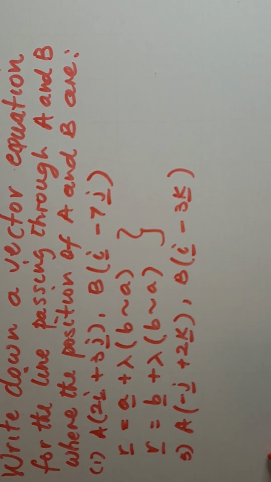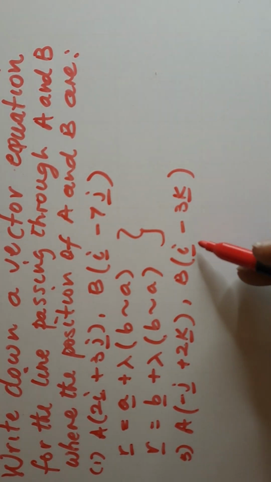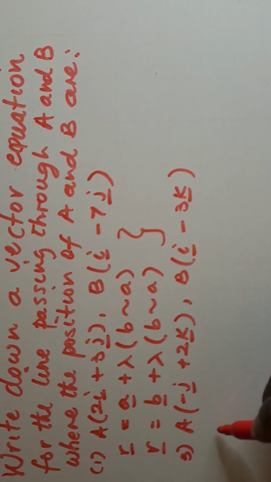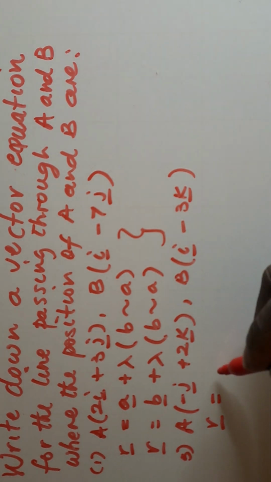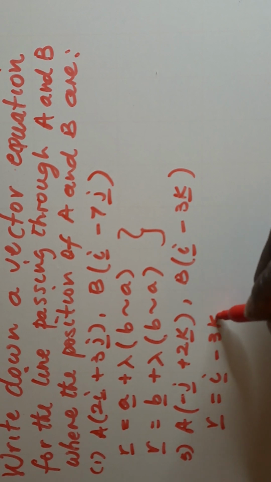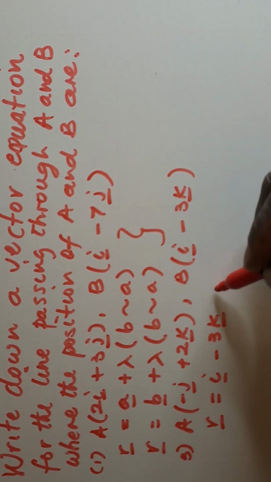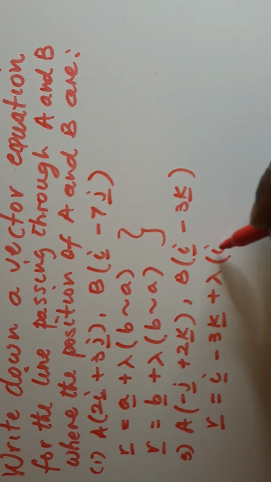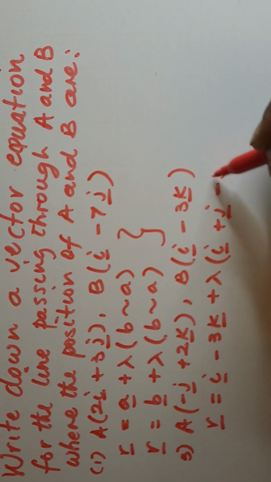Right, so this one is slightly different. This has j and k, and this one just says i and k. We still apply the same rules, but really take care on how you determine the vector equation of this. We have i minus 3k added to lambda into i plus j minus 5k.